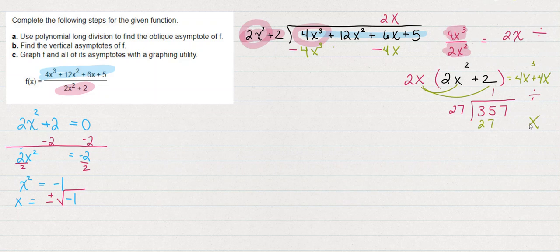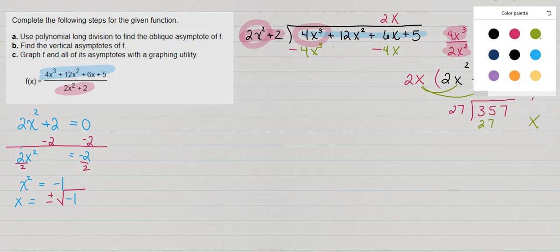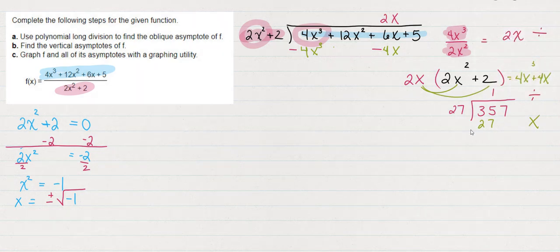That's the multiplication. And then I would do the subtraction, right? I would subtract 27 from 35 to get 8. That was subtract.